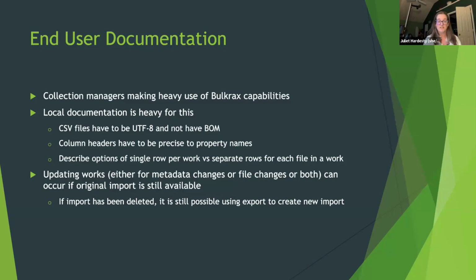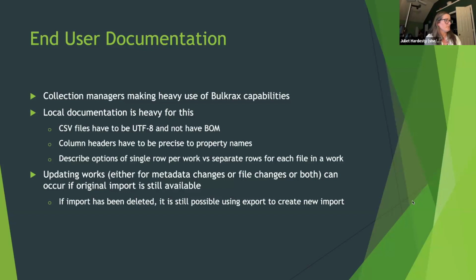There are also capabilities for updating imports if they still exist and there are updates that need to be made, or using exports and then imports for making updates to multiple works already ingested. That's referred to as round tripping. And there is some information available about that already in the Bulkrax GitHub wiki.